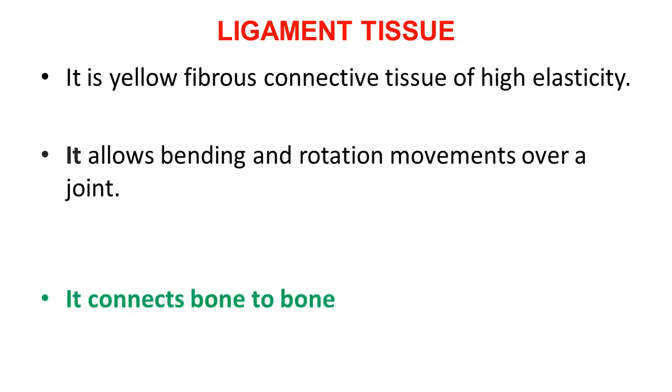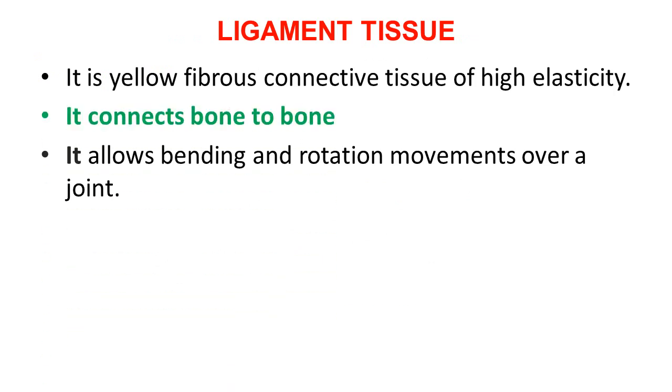Another important special tissue is the ligament. You have heard about the ligament tear. What is a ligament tear actually? Whenever we slip or a minor accident happens, doctors normally say that your ligament has been torn. The ligament is a type of tissue in our body which has high elasticity.